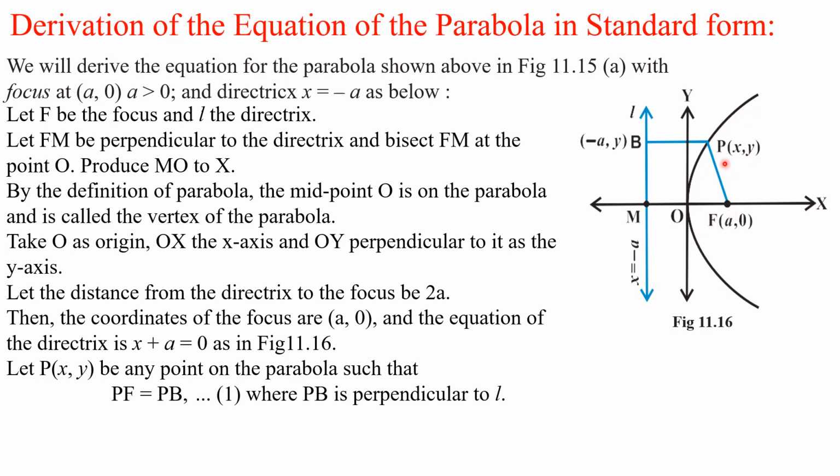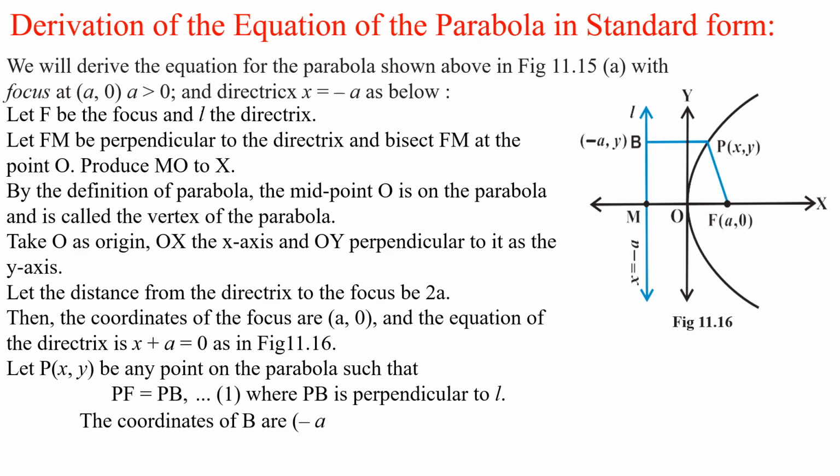Then PF, the distance between the focus and the point, is equal to the perpendicular distance of this point from the line, PB. PF is equal to PB. The point P is equidistant from the focus and the directrix. Understood this point, my children?